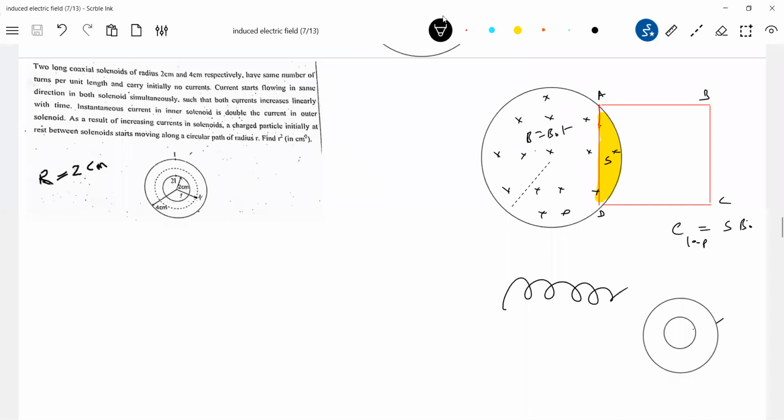Cross-sectional view of the solenoid is what you are viewing here. We are moving on now, rather than just calculating, we are taking some application. So that induced electric field, what can it do to a charged particle? It can make it move. It can accelerate. So this is solenoid 1, which is having a radius, let it be R1.